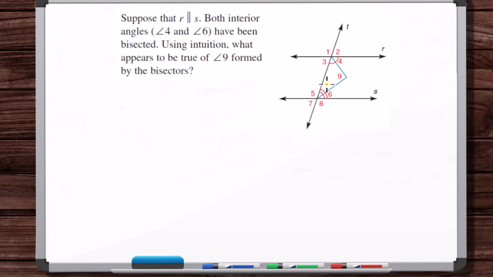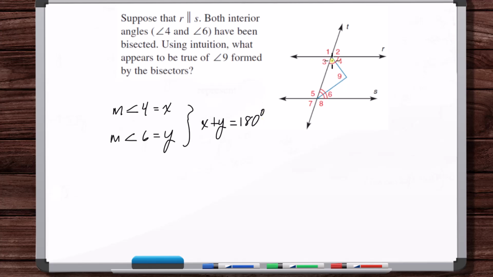Well, we know that angles 4 and 6 are supplementary. They're interior angles on the same side. So that would mean that, I guess, these two would be complementary. If the measure of angle 4 is x, and the measure of angle 6 is y, then we know that x plus y is equal to 180.